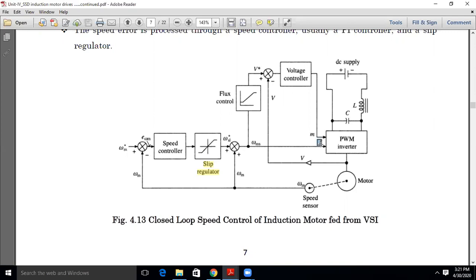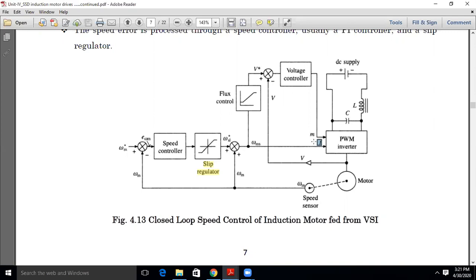There are two control inputs for the PWM inverter, M and F. Based on these two control inputs, it can adjust the voltage and frequency.